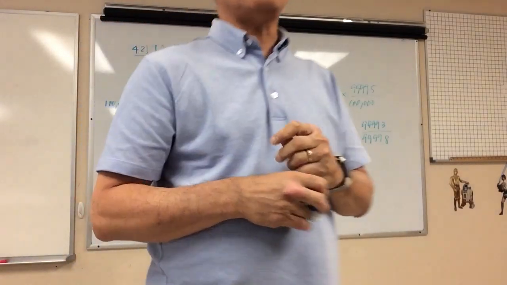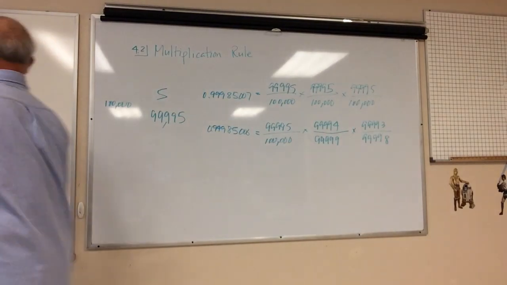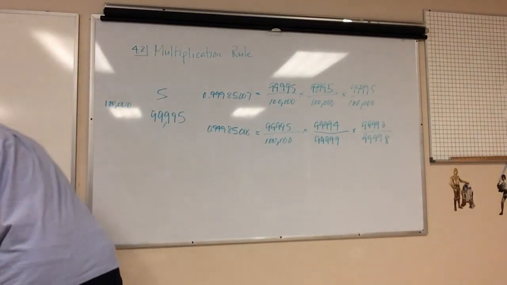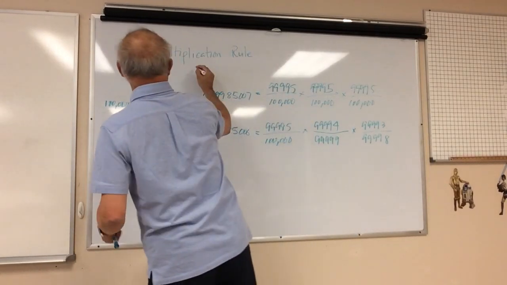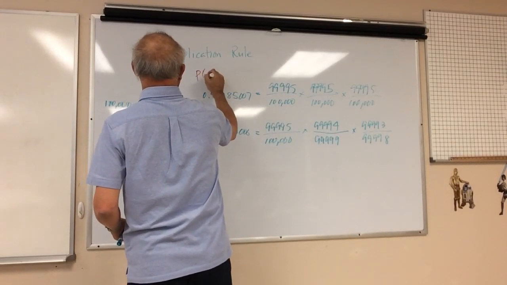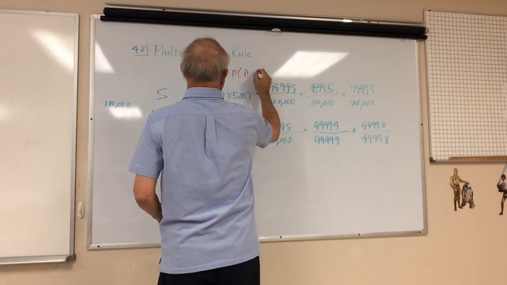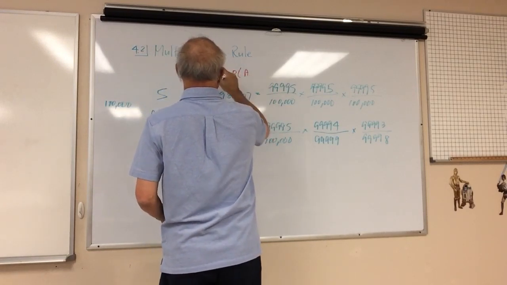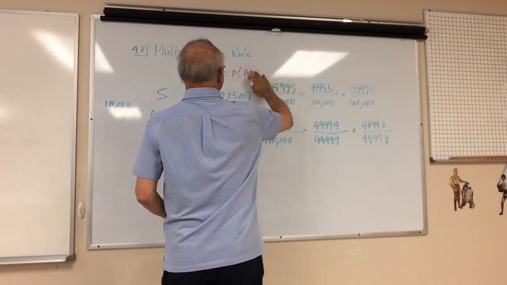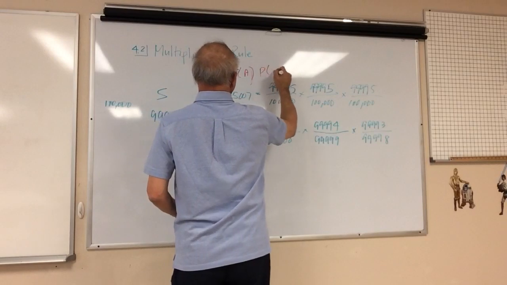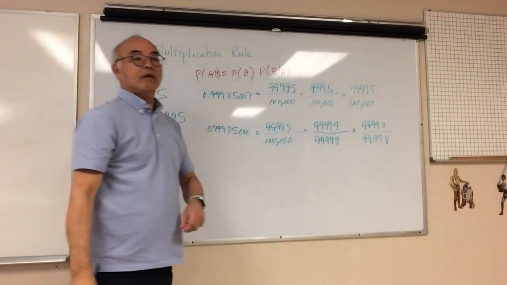Okay. So in conclusion, what did we talk about? We talked about the multiplication rule. The multiplication rule was P of A and B is the same as P of A times P of B given A. Okay?